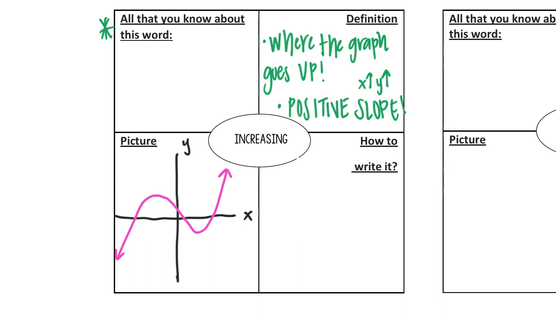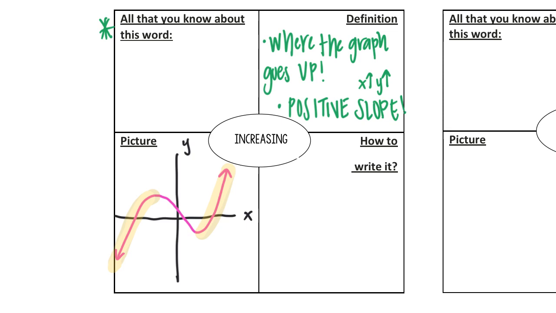So the graph would be increasing in this portion, and the graph would also be increasing in this portion as well. Once you've drawn that, I would get a highlighter out and highlight those portions of the graph where it is increasing. Again, here and here.